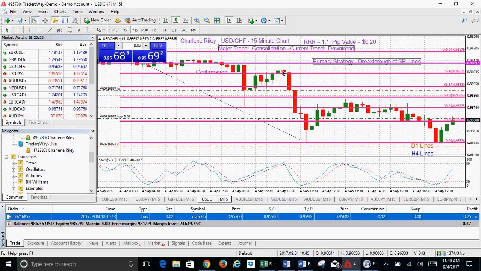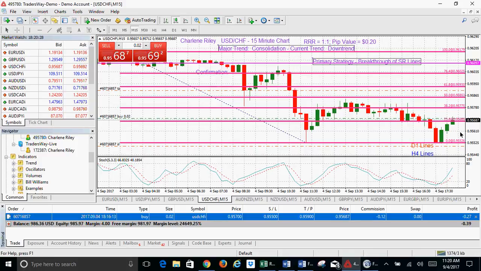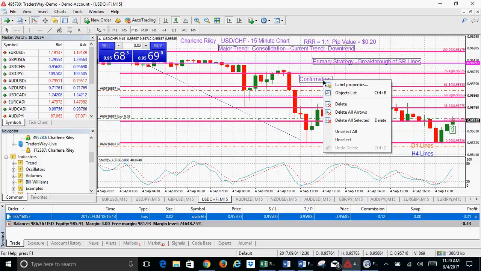So I also want to note where I entered the trade, because I used my screenshots to help me analyze my trades. So I entered into the trade here, and my primary strategy is to break through support and resistance.